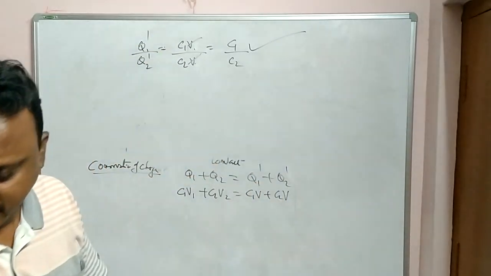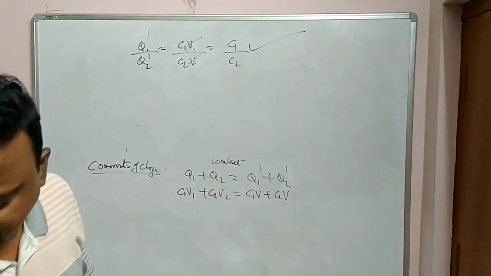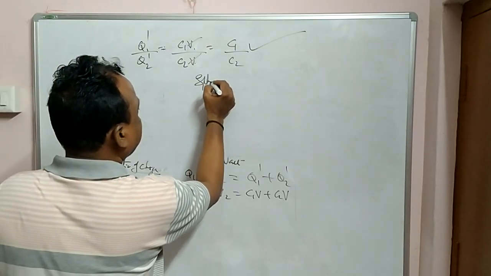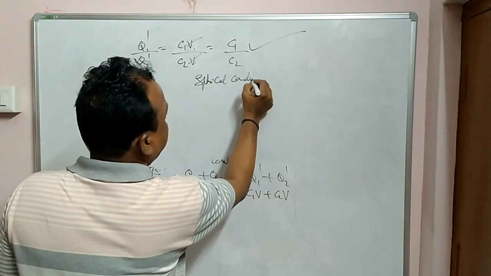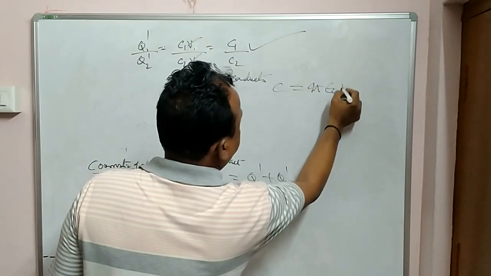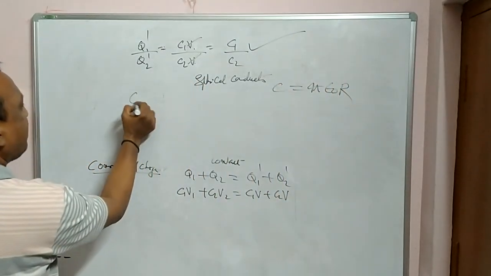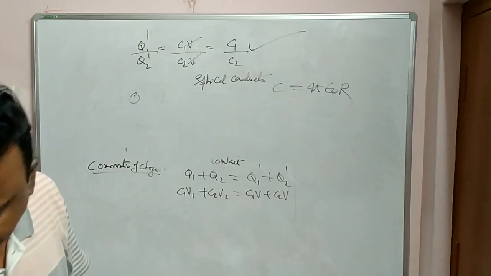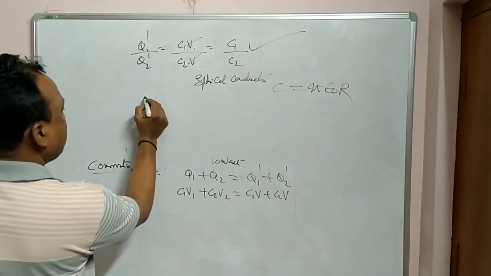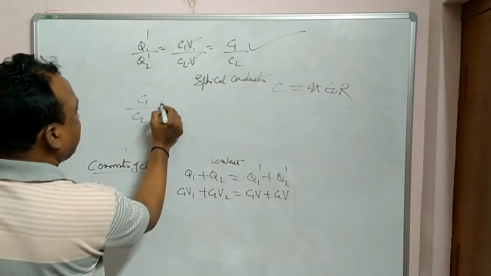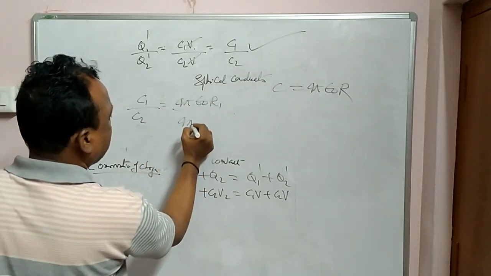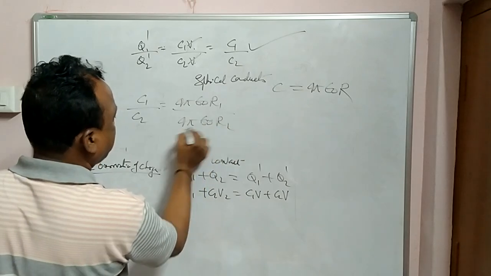C1 by C2. In the same way, you can calculate for spherical conductor. For spherical conductor, already I have derived in the before chapters 4 pi epsilon naught R. So what happens now? C1 by C2 value ikkada emutundi? 4 pi epsilon naught R1 by 4 pi epsilon naught R2.